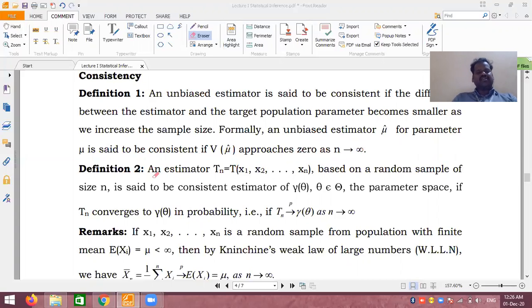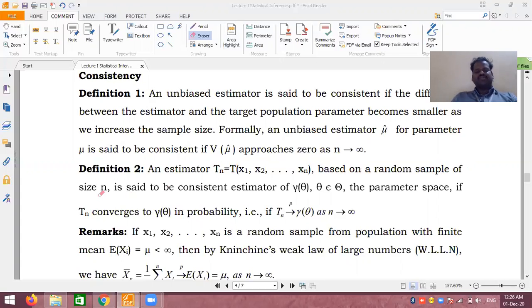Next, we will see another definition. An estimator Tn equal to T of x1, x2, ..., xn should be unbiased. This is an estimator based on a random sample of size n.